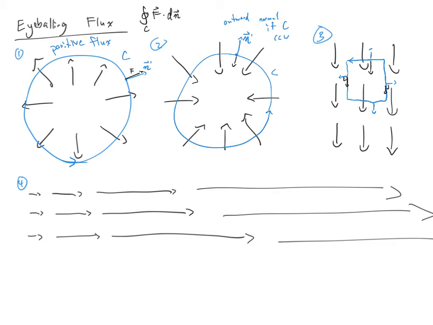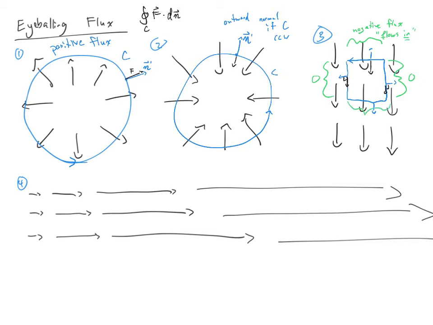So I get 0 flux on that side, none of it's going across, all of it's flowing down, 0 flux on that side. And on the top, I get a bunch of negative flux. So negative flux means it's flowing in to the region.